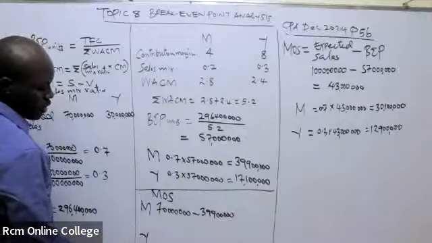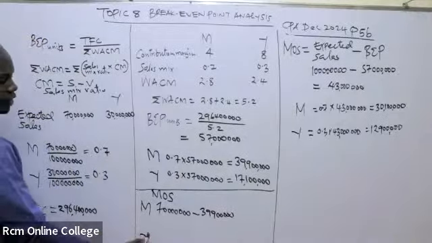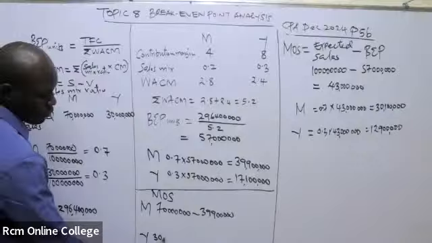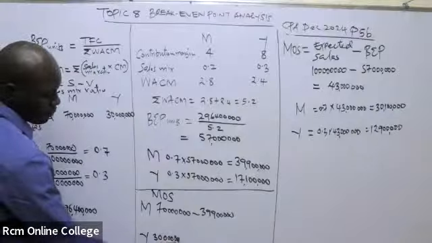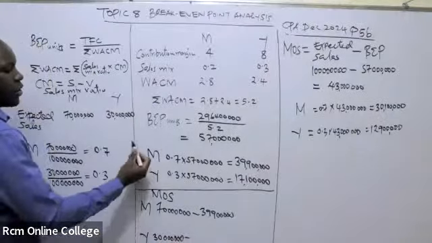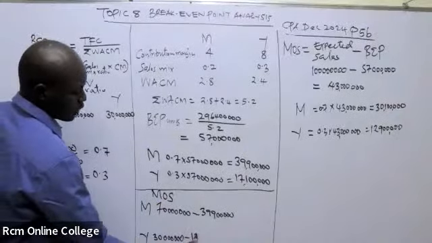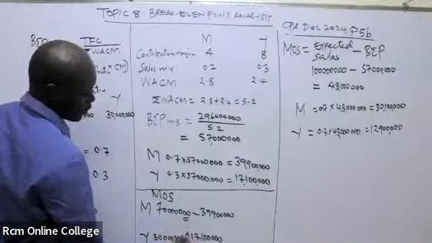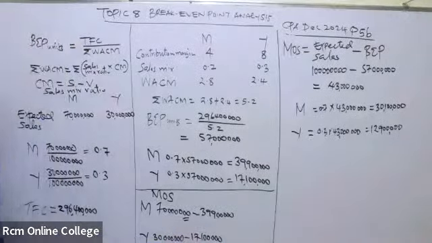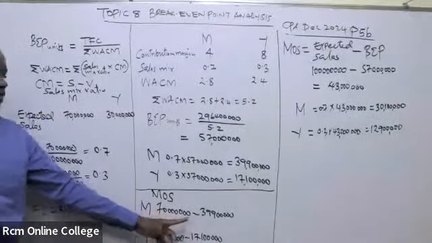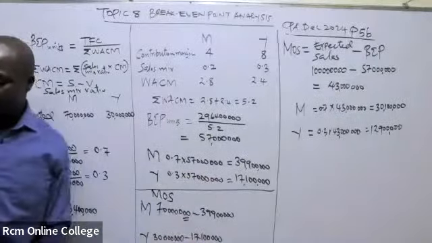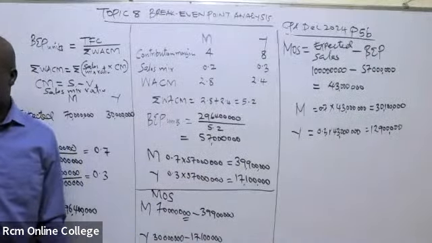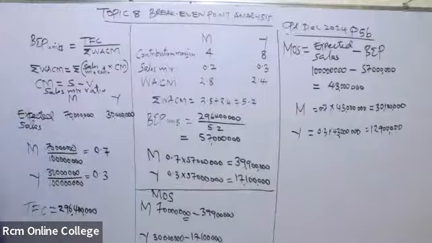Then for product Y, I will also take expected sales of 30 million, then I less the break-even point of Y, which is 17,100,000.